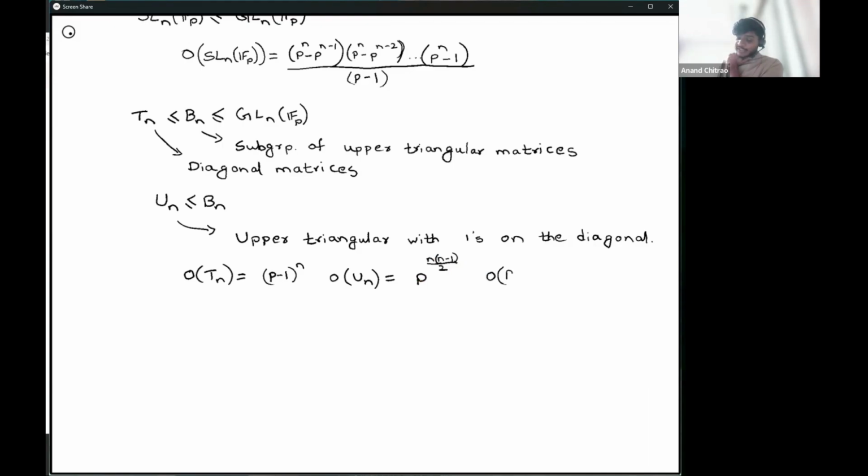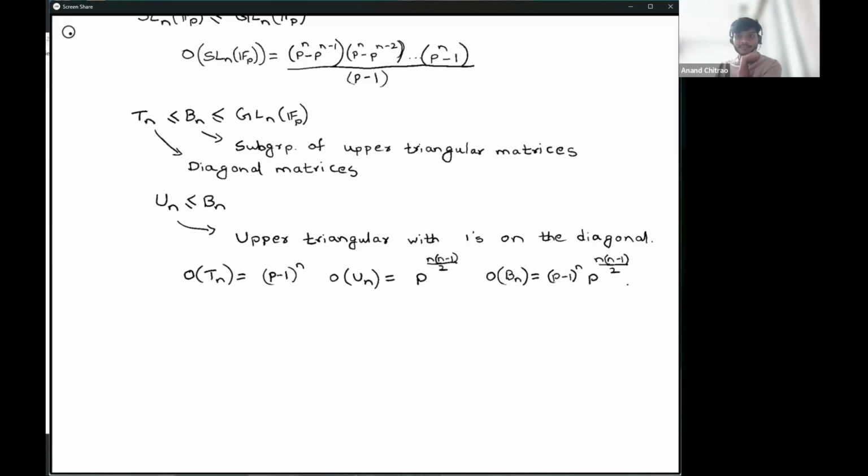What about the order of Bn? It's both of these, right? On the diagonal, you're free to choose any non-zero numbers. So you have (p minus 1) to the power n choices for diagonal elements, and above the diagonal, you have p to the power n times n minus 1 by 2 choices.